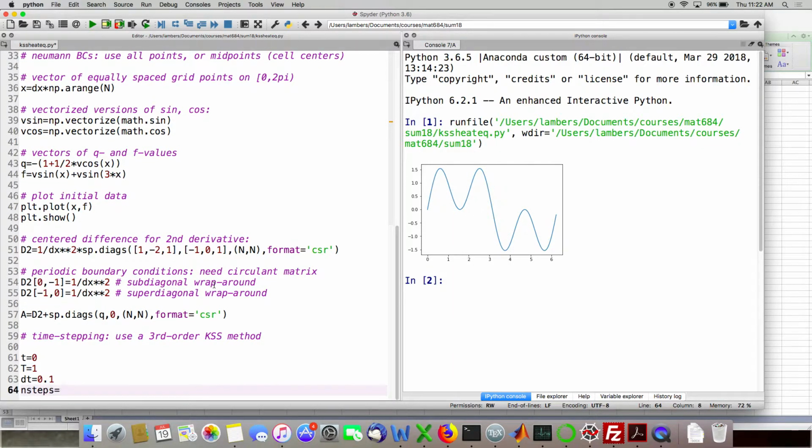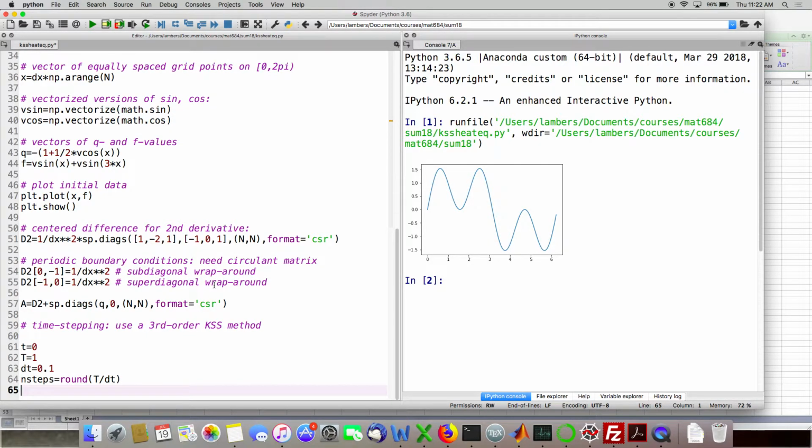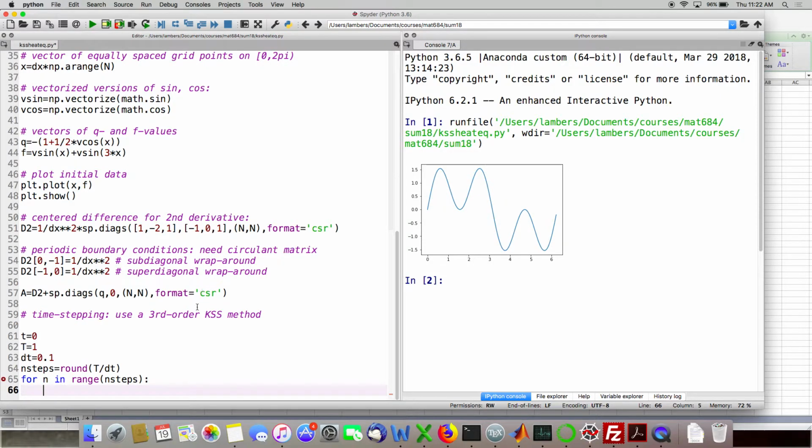I need a number of time steps, which would be the time span divided by the time step. So that's how many steps I'll be taking. And then I'll use little n to index my time steps. So in this loop is where I have to fill everything in.